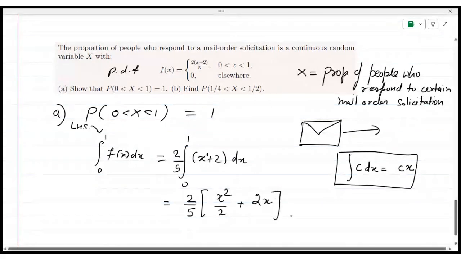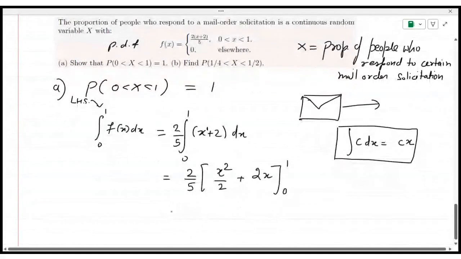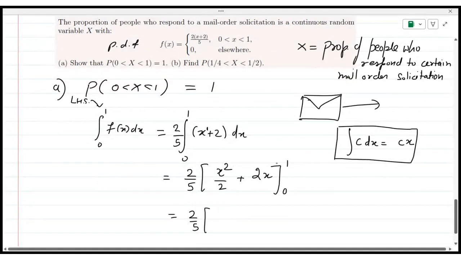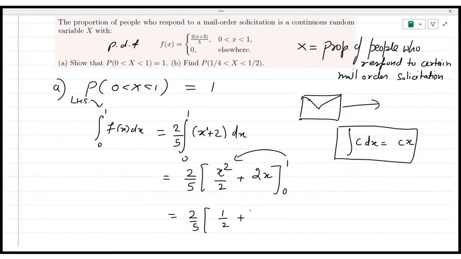Now limits are 0 to 1. So now we just need to put the limits in this integral. First we will put the upper limit in place of x. So you put x as 1. You will get 1 by 2 plus 2 into 1, that is 2. Now put the lower limit 0. If you put 0 here and 0 here, you will get 0.